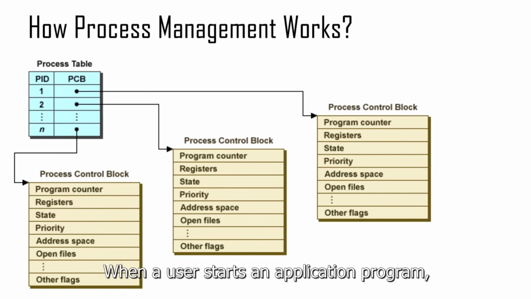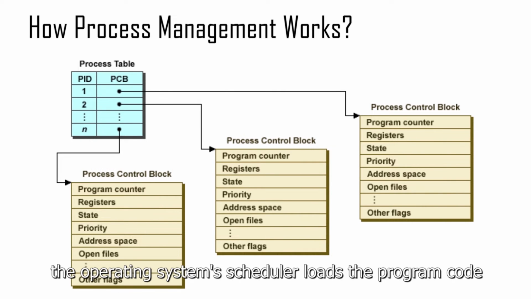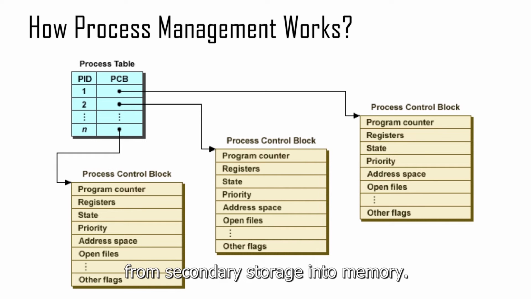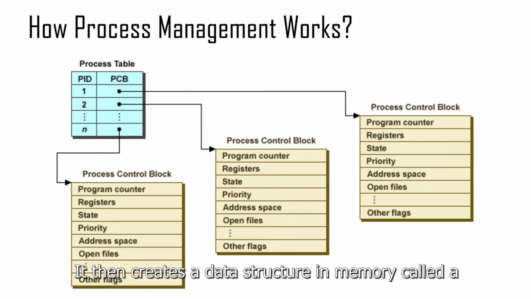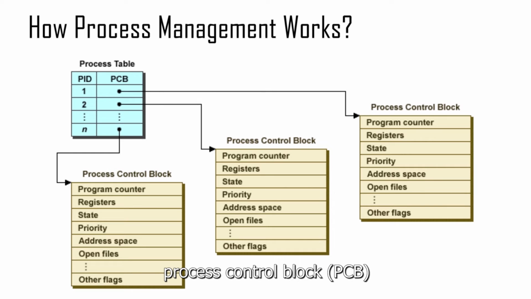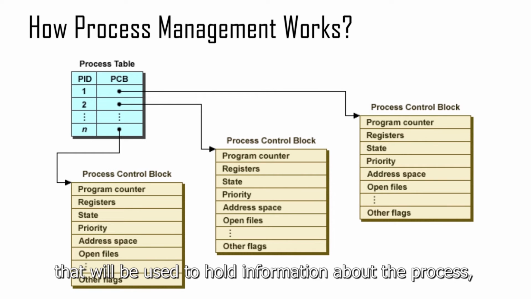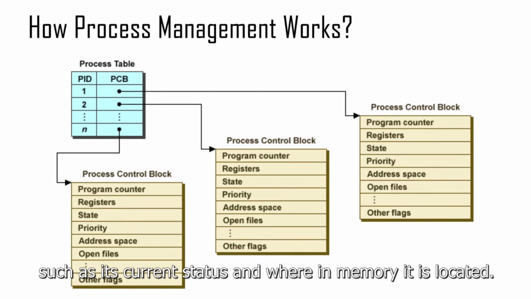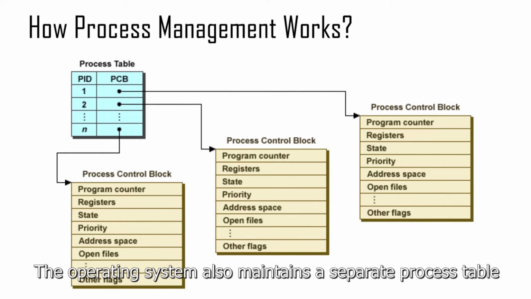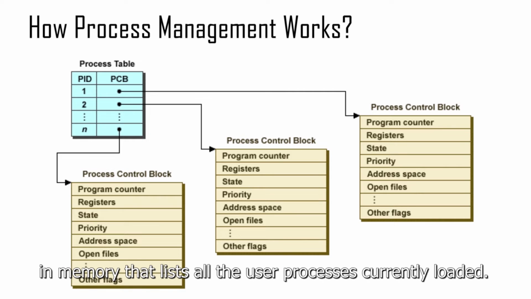When a user starts an application program, the operating system scheduler loads the program code from secondary storage into memory. It then creates a data structure in memory called a process control block, known as PCB. It is used to hold information about the process, such as its current status and where in memory it is located. The operating system also maintains a separate process table in memory that lists all the user processes currently loaded.